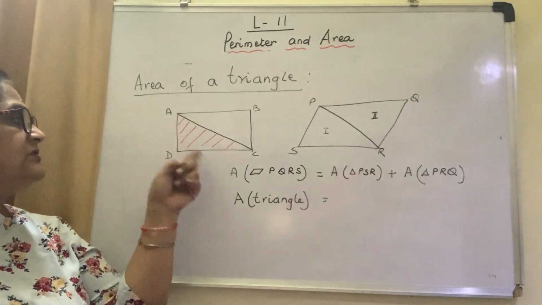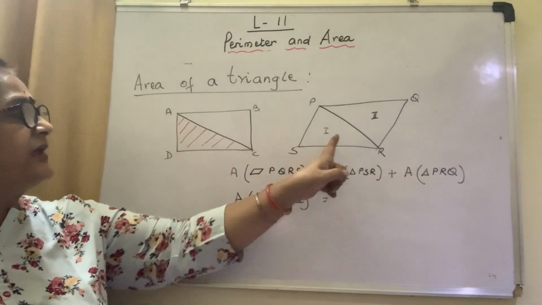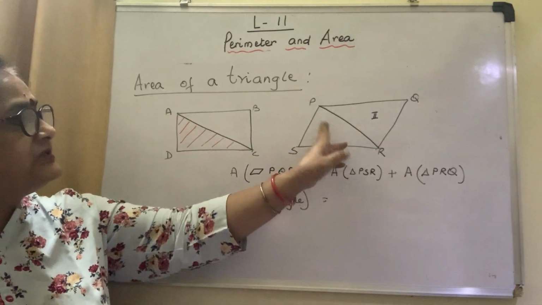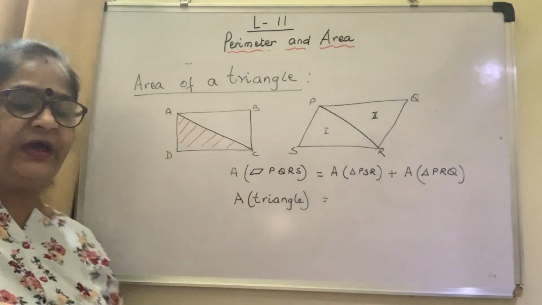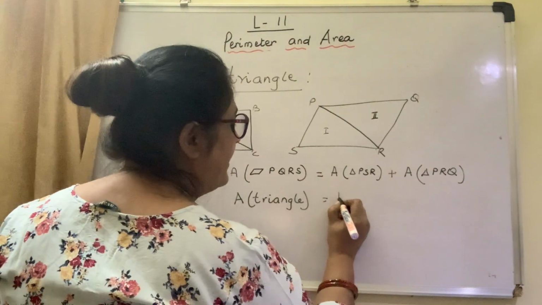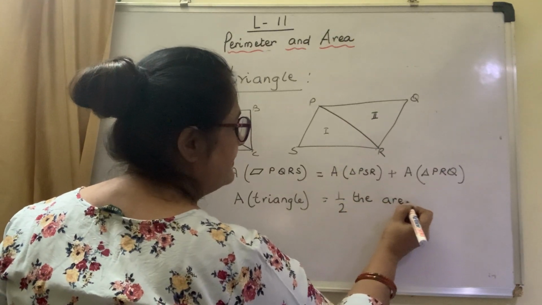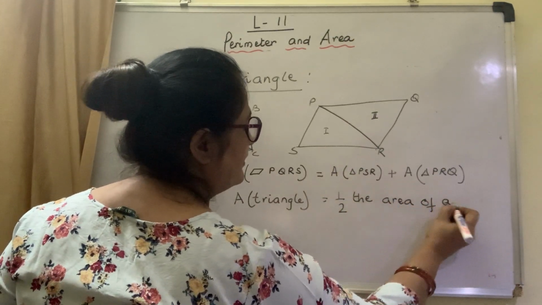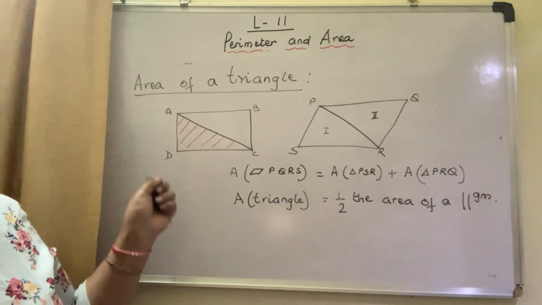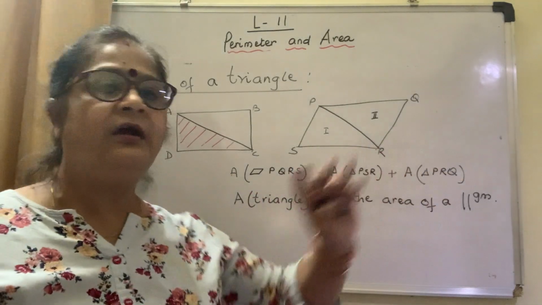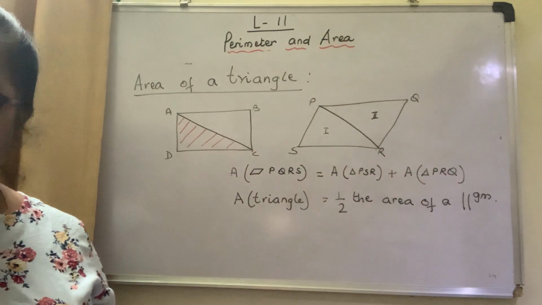If you look at this, the shaded part is only half a rectangle. Triangle 1 is only half the parallelogram. So area of a triangle will be half the area of a parallelogram or a rectangle.